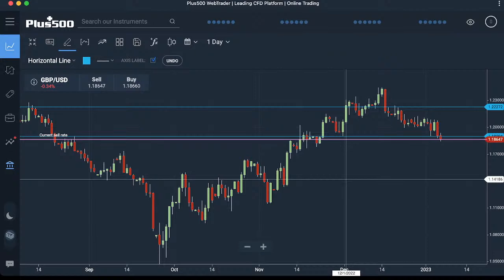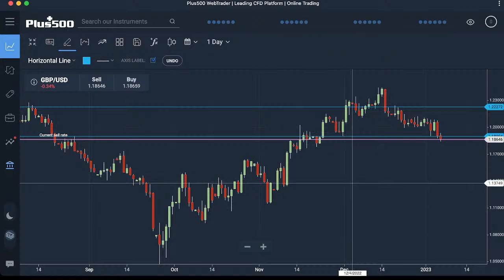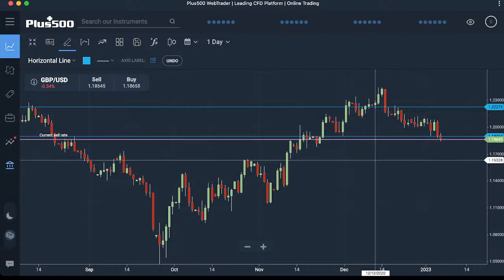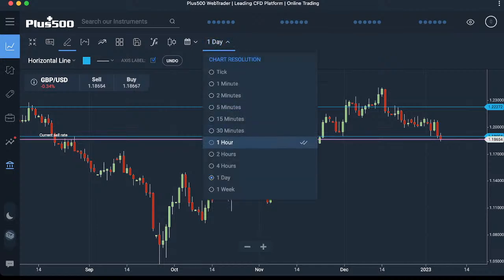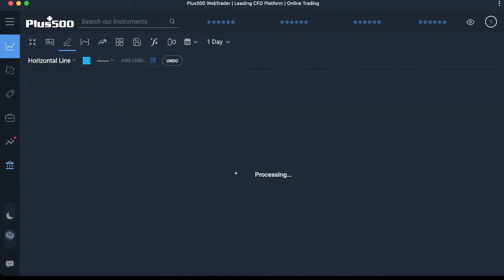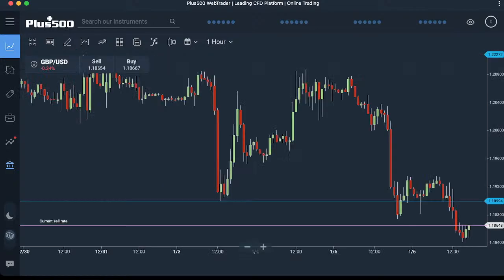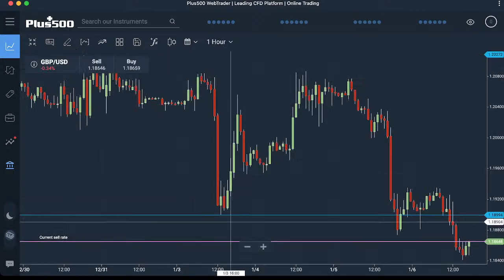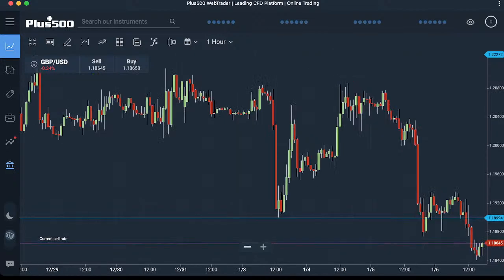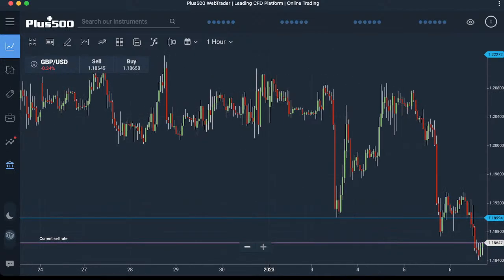So that's what I wanted to point out: these daily levels are very crucial to watch and focus on, especially when we move to the lower time frame. If you go to the 1 hour chart, you will see how these daily levels are perfectly reacting.